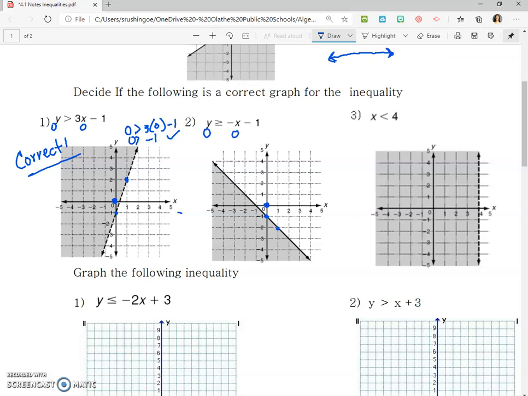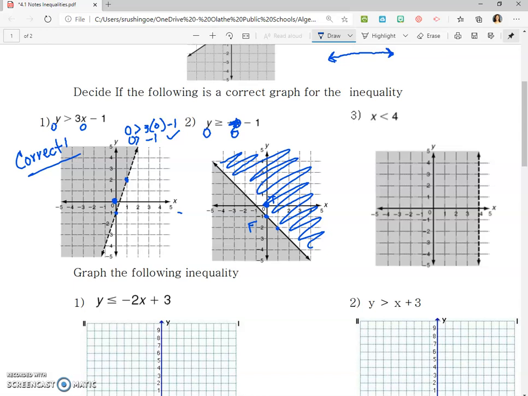So is 0 greater than -1? Yes. So this is supposed to be the true side, and this is supposed to be the false side, which means this should be the shaded side if that point works and it was true, and that 0, 0 did work in here. So that means that this graph was incorrectly shaded.